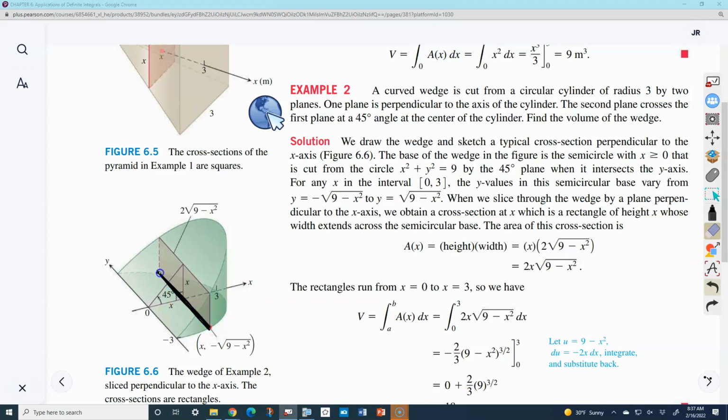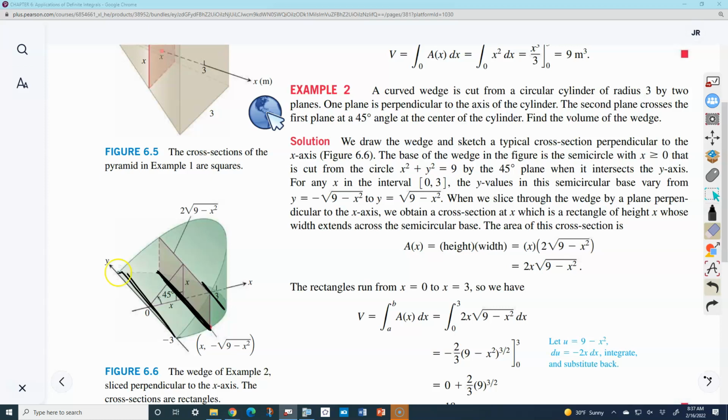So we have to figure out, first of all, what is the length? How does the length change as x changes? Well, down here is this length. Up here is this length. So you can tell the length is changing. So how is it changing? Can we get some kind of expression that says that?